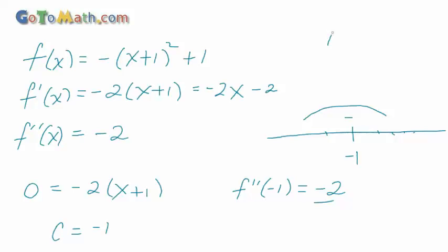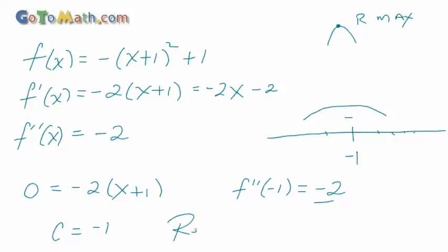This means that the function at that point right there, if it's concave down, then this has to be a relative max, a relative maximum at this point right here.